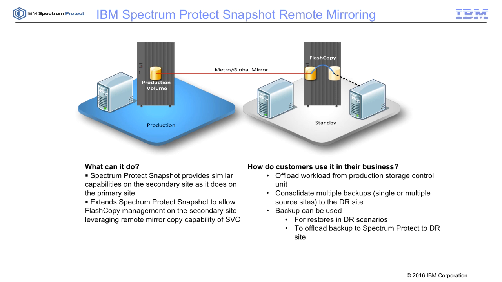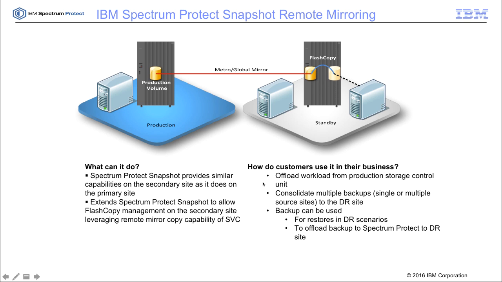So just a quick overview of what remote mirroring can do and how customers use it. Basically, it allows you to use snapshotting with Metro Mirror or Global Mirror functions to set up a secondary standby site. So it extends Spectrum Protect Snapshot to allow FlashCopy management on the secondary site, leveraging those remote mirroring capabilities of the SVC.